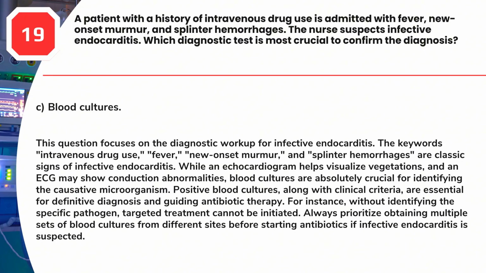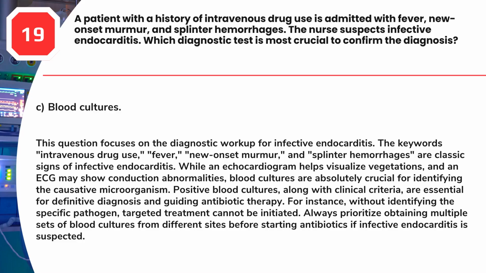Answer: C. Blood cultures. This question focuses on the diagnostic workup for infective endocarditis. The keywords intravenous drug use, fever, new-onset murmur, and splinter hemorrhages are classic signs of infective endocarditis. While an echocardiogram helps visualize vegetations, and an ECG may show conduction abnormalities, blood cultures are absolutely crucial for identifying the causative microorganism.